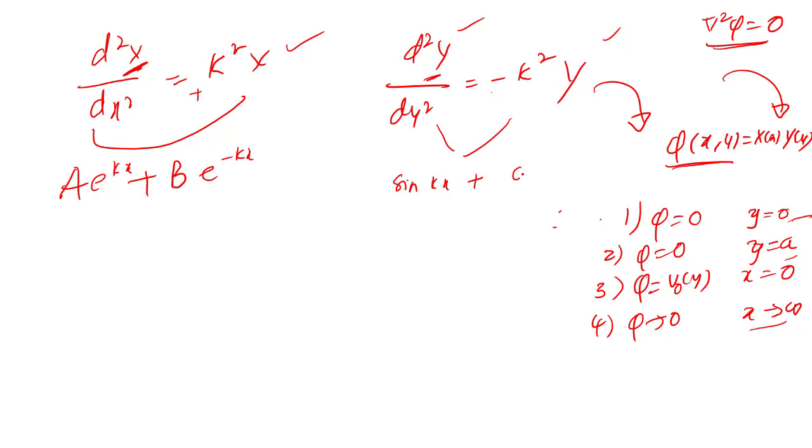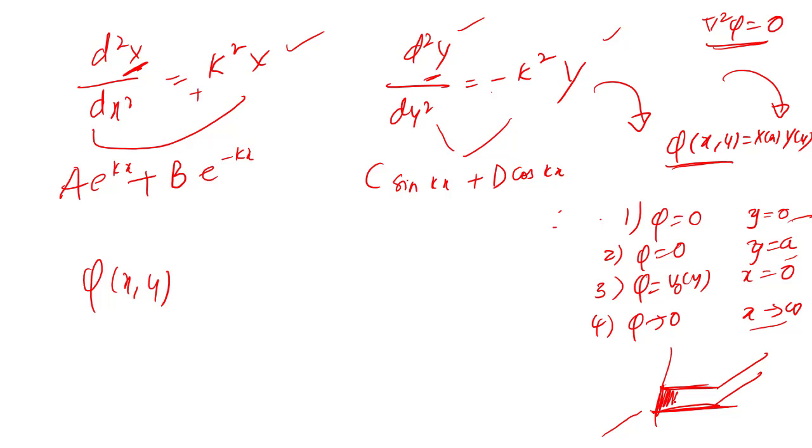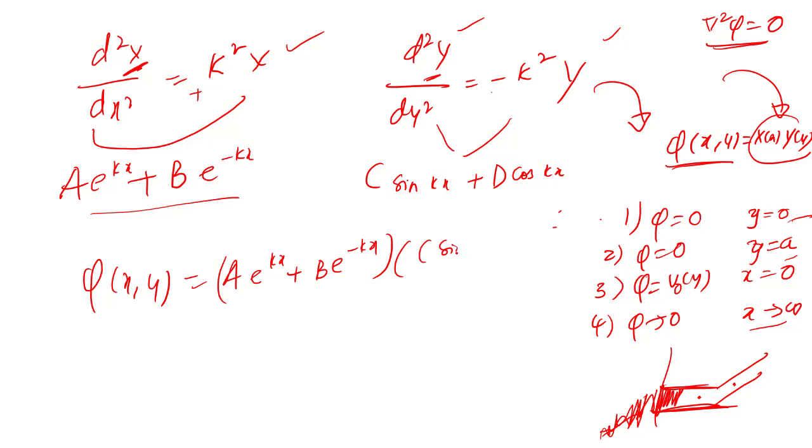So in general, we can write the net solution as c sine ky plus d cosine ky. Then our phi of x, y within the slot between the plates, so we have these infinite plates that are stretching like this, and they're connected by this strip here along the z-axis, and we are looking somewhere in the slot between these plates, would be equal to X times Y. So X is in general a e to the power kx plus b e to the power minus kx, times c sine ky plus d cosine ky.